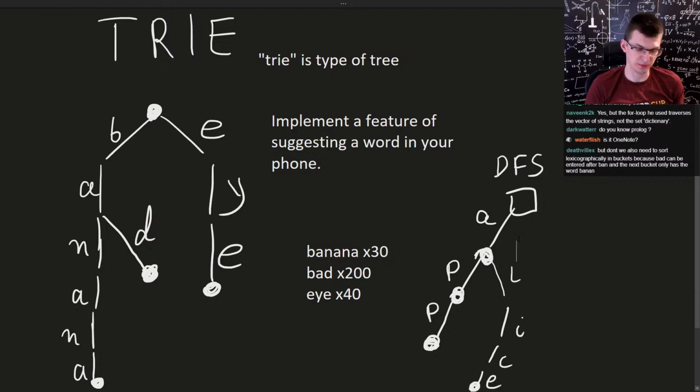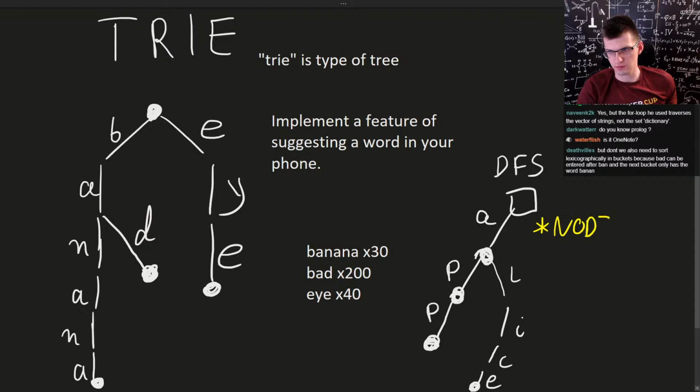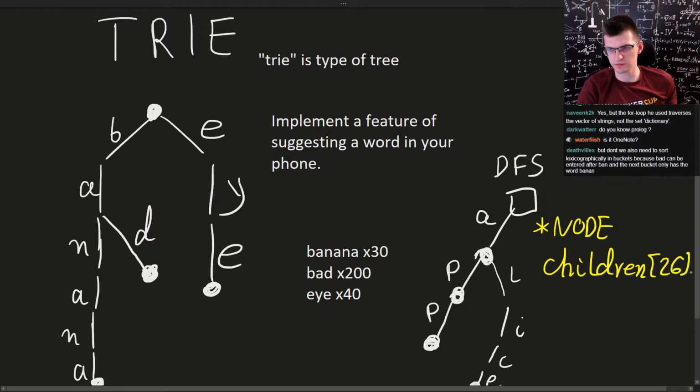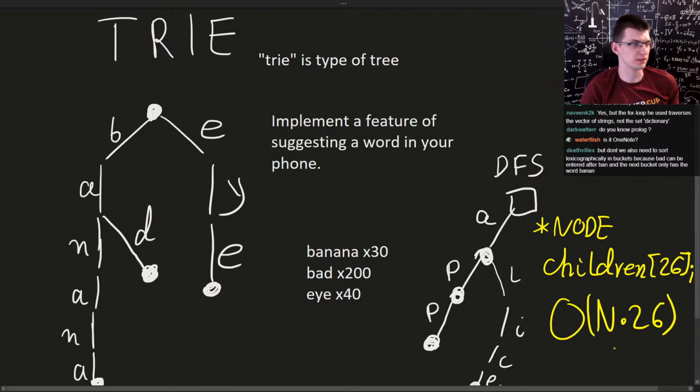One possible implementation is that in every node, like here in this node, we have an array of pointers, let's say pointers to nodes, to all the children, and that's of size 26, which is equal to the alphabet size. This makes the whole thing n times 26, or n times alphabet size, but it is then very fast. It's very fast to go down to any kind of node.